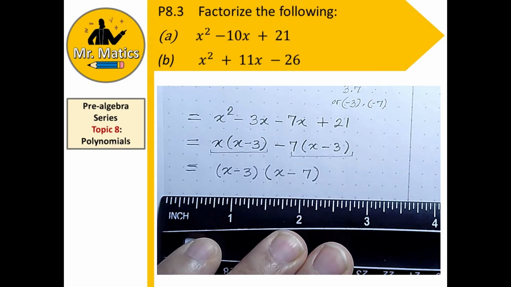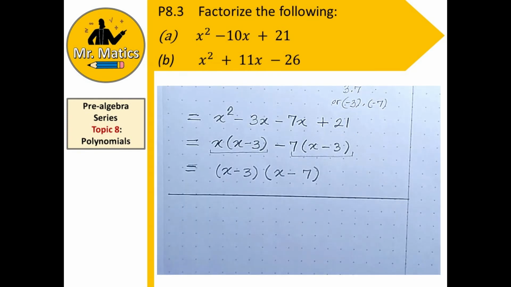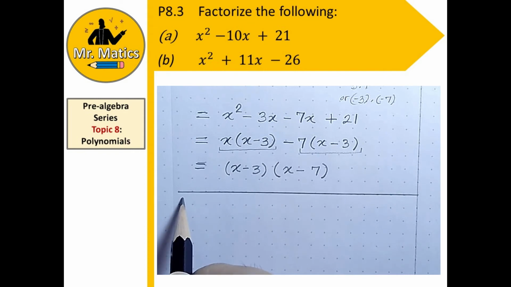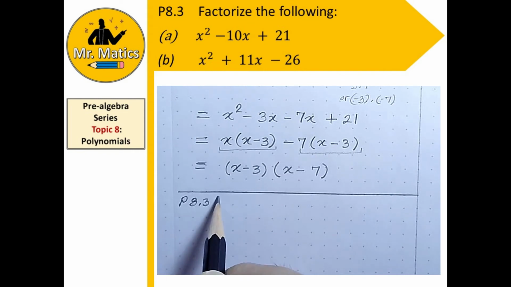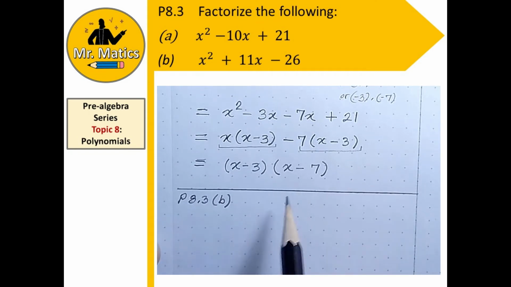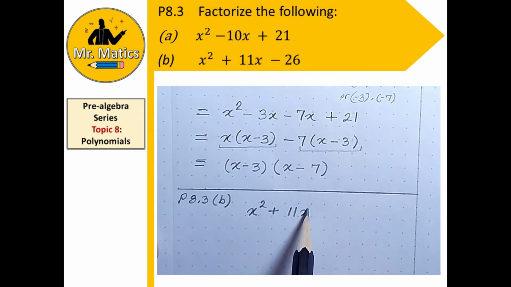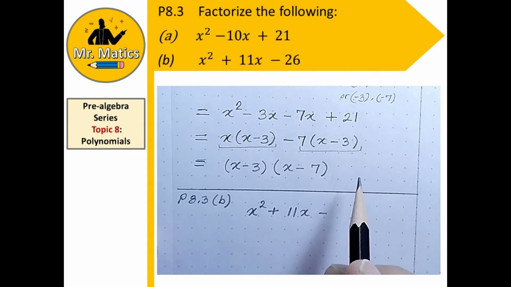So let's do the next problem. 8.3b, another factorization. x squared plus 11x minus 26.